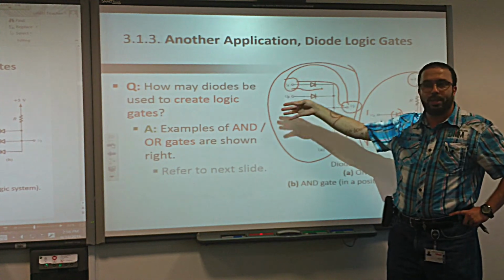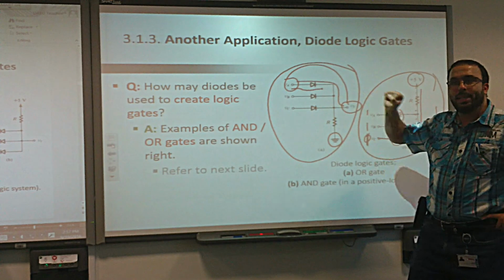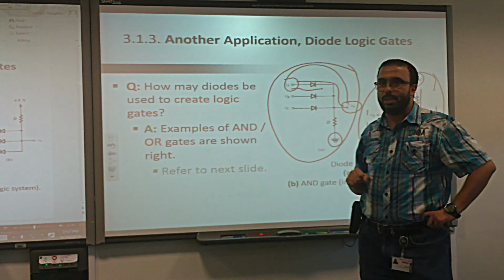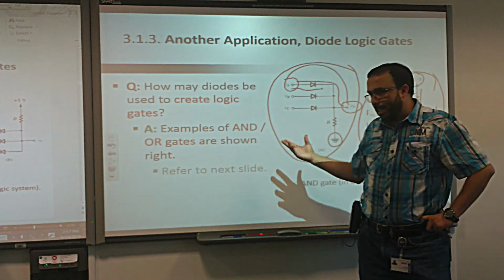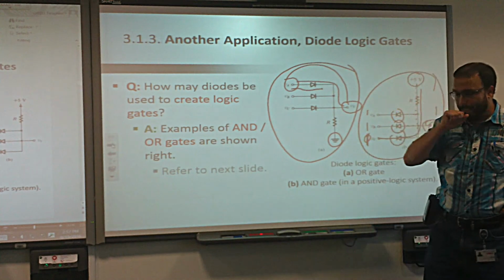How many possibilities here? We have 8. If you try all the possibilities, automatically you will get the truth table of this gate, and you will know which logic this is. Or in this case, because I know what it is, I just give you the exact answer. Why?